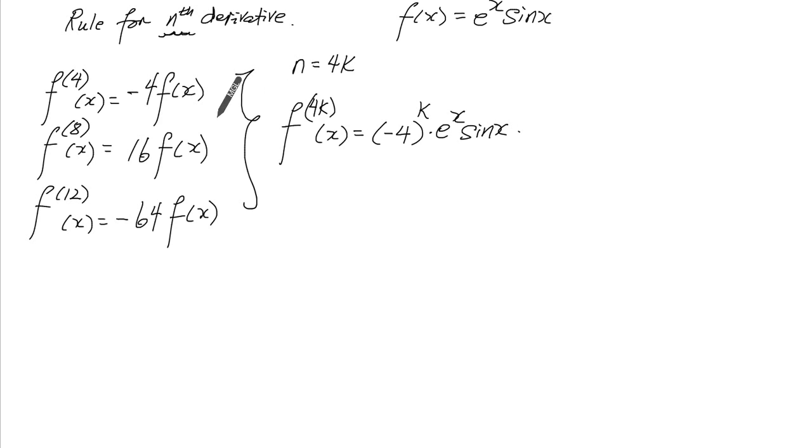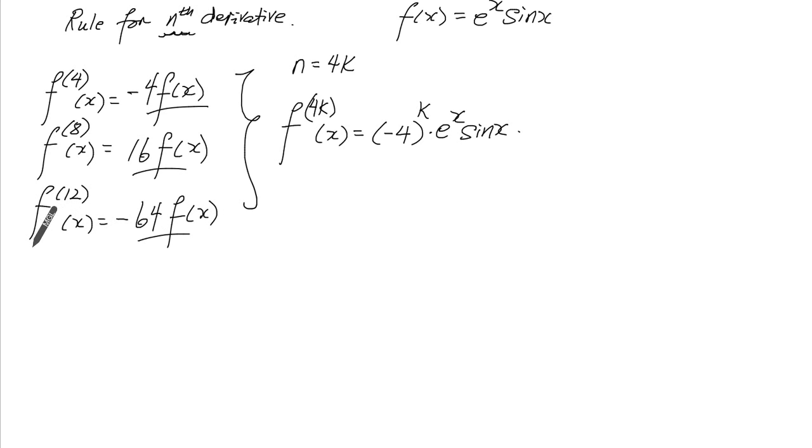So the first one here, when k is equal to 1, we're going to get the 4th derivative and you get this expression. Do the same thing for when k is equal to 2, we get the 8th derivative and we get this expression, and so on.